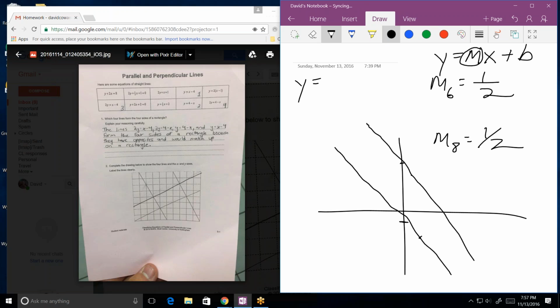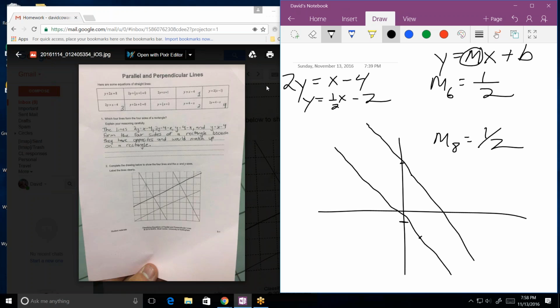Y equals negative 1/2... Where are you getting the negative? Oh, well, hold on. How do I solve for y? You divide by 2. So you get y equals, and I can write this either x over 2 or 1/2 x. They're both the same thing. Very important to understand that.